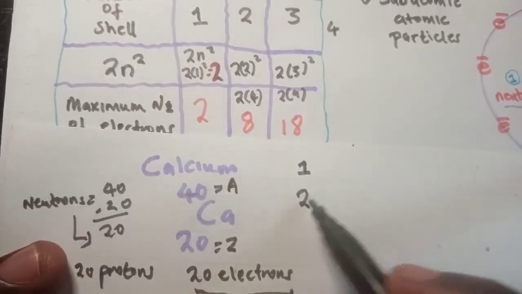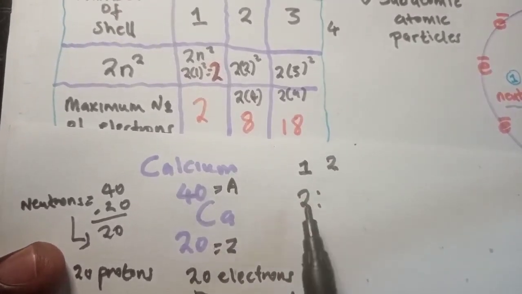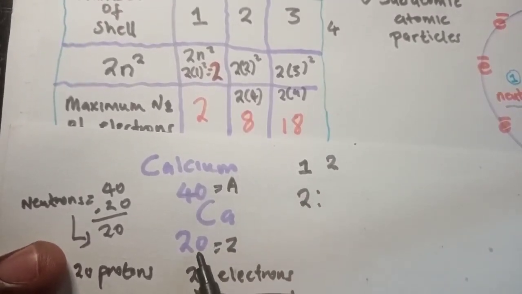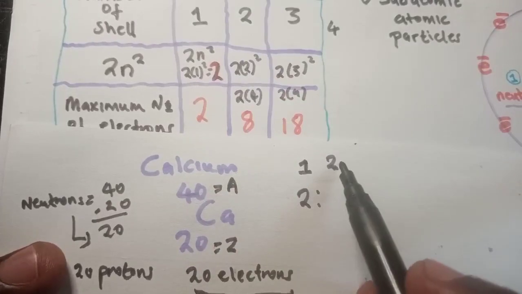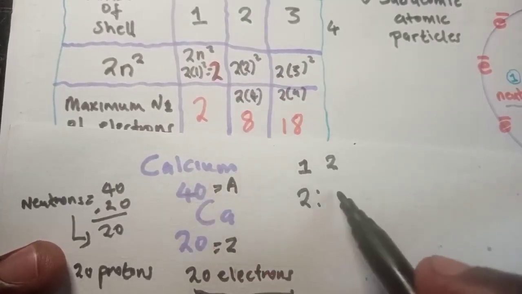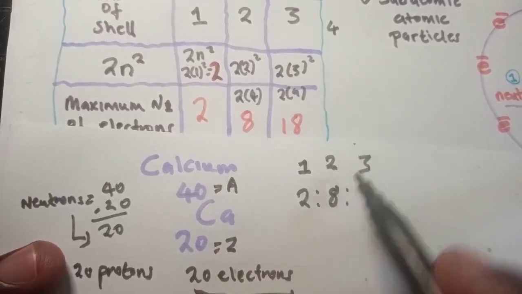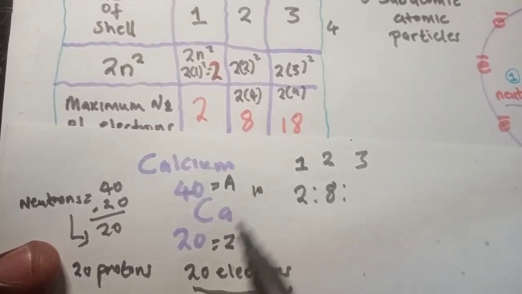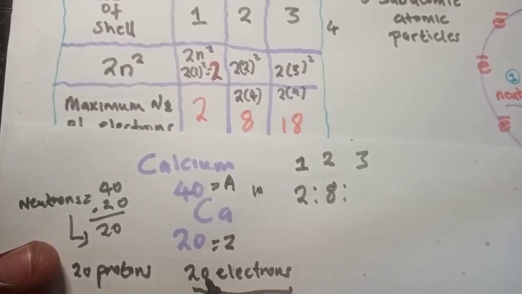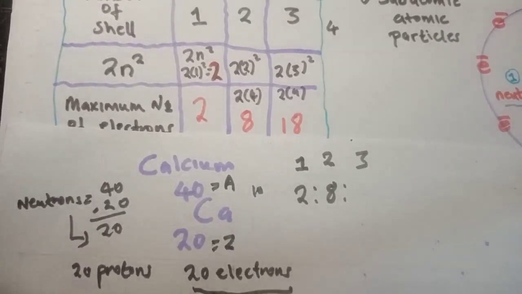Remembering 2 electrons, we're remaining with 18. The second shell can occupy a maximum of 8. So 2 plus 8, you get 10. You subtract from 20, you have 10 more electrons remaining.